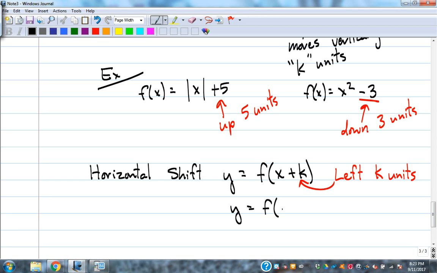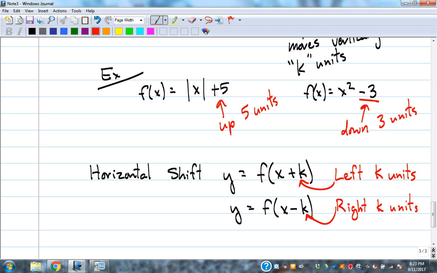If it's a minus sign on the inside, that's going to move it right k units. It happens the opposite. Normally, plus would move it to the right. It's the opposite, just like the flip-flop on the horizontal stretch and compression. It's the opposite thing happening on the inside. So pluses on the inside go left, minuses on the inside go right.